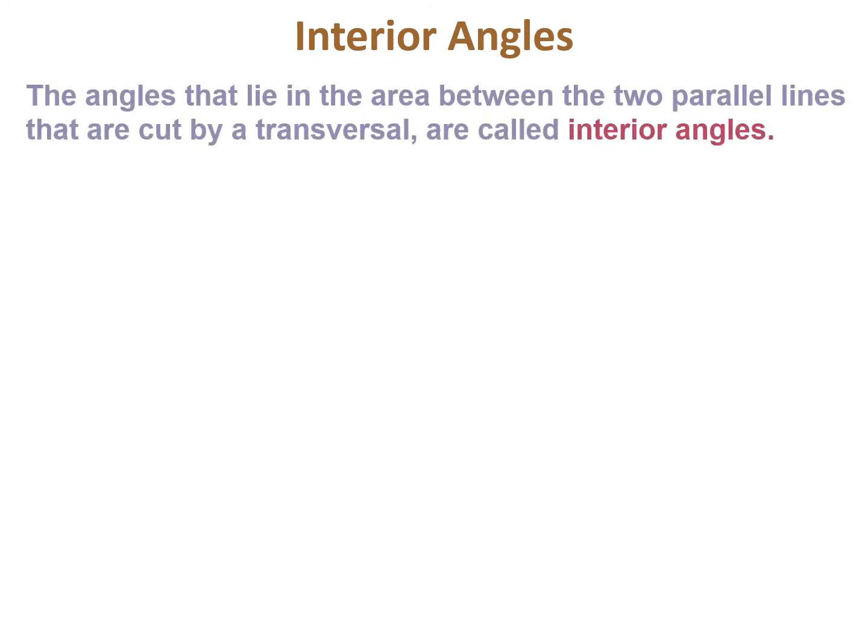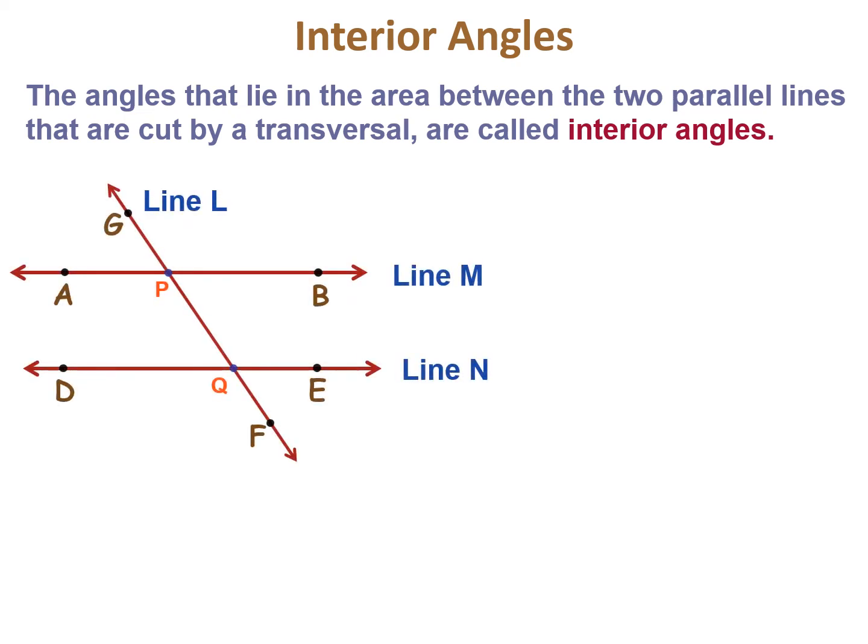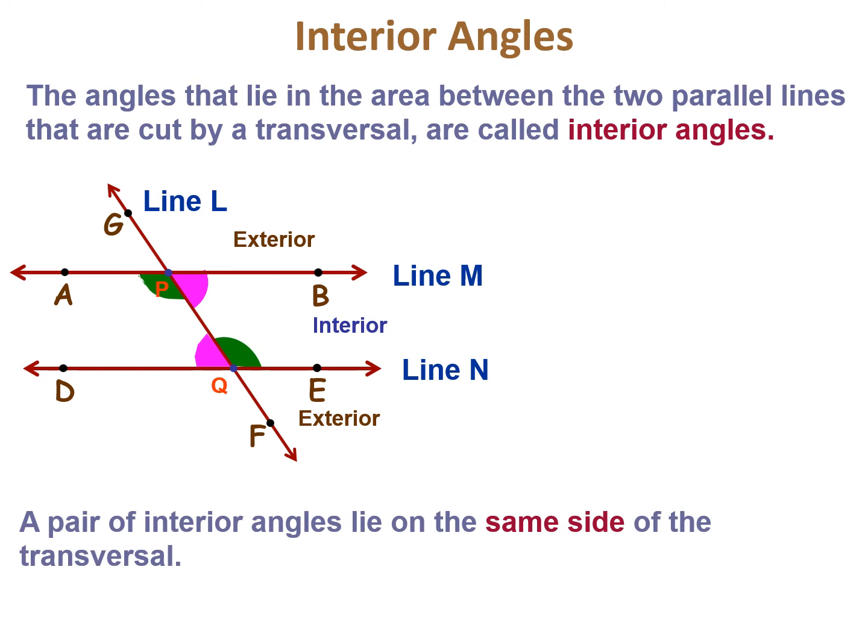So we now have here the interior angles. Take note that the angles that lie in the same area between two parallel lines cut by a transversal are called interior angles. So these are the same side interior, that one is same side interior, another same side interior angle.